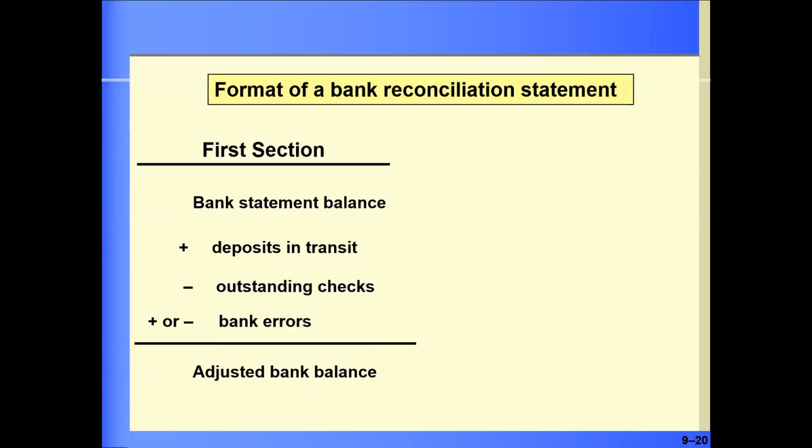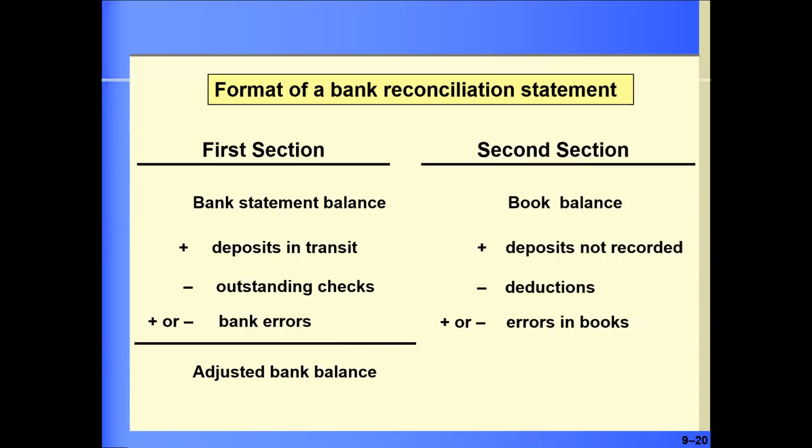Guess what? We have to do the same thing on the other side. The second section of a reconciliation statement starts with your book balance. What is on your books right now, as of the date, for the checking account? How about deposits that aren't recorded?